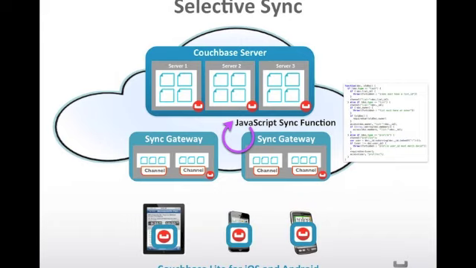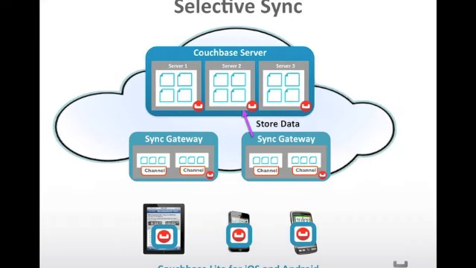So the change here is going to be stored just like we saw before, but with a different set of metadata, a different set of channels associated with that document. And then it's also going to get broadcast on the tap upper feed again, so that all the sync gateways in the cluster know about it. And then we're going to use that same protocol to put the HTTP changes back on the wire as we did before. The difference being that we're leaving one of the clients out.